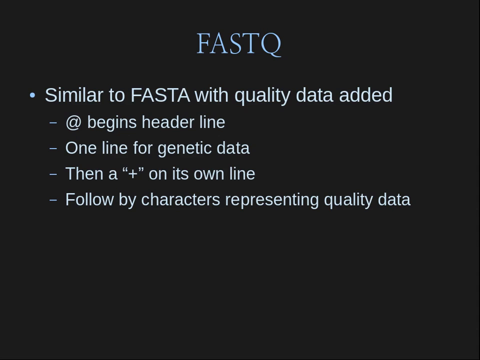For instance, the @ symbol denotes both the beginning of your header and also quality data. And we're using A, C, T, and Gs as both genetic data and quality data. So it makes it a little bit more difficult to parse, not incredibly, but if you had an indeterminate number of lines, then it gets to be less fun.